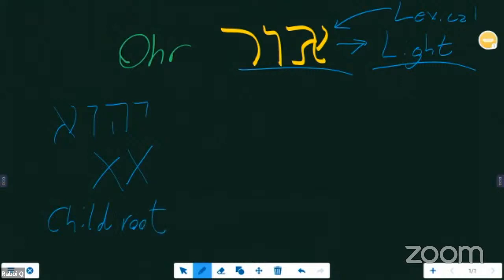Okay, even though it's a lexical root, this is a child root. In order to find the parent root, we have to drop one of these 5 things. So in this case, obviously, we're going to drop the vav, meaning that we come back to an aleph resh for our parent root.